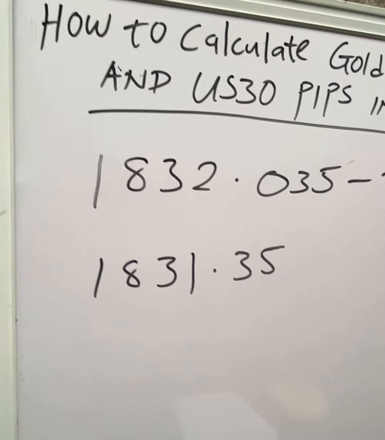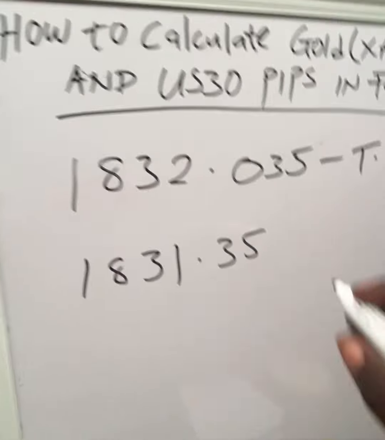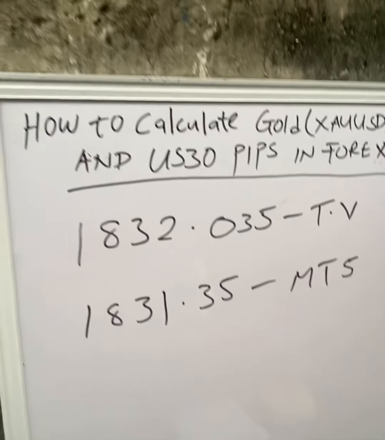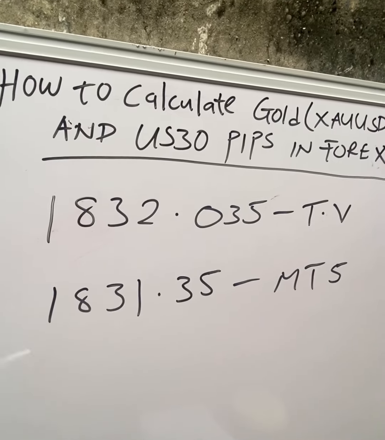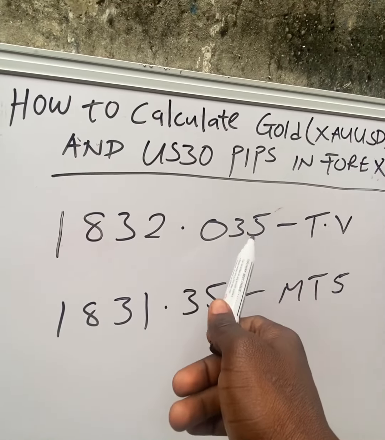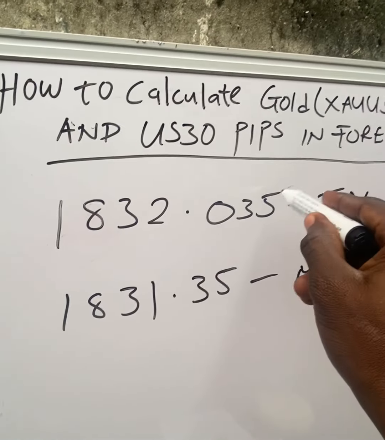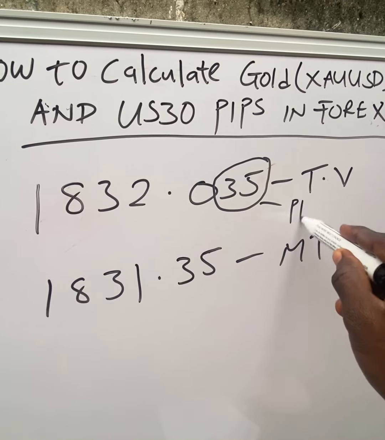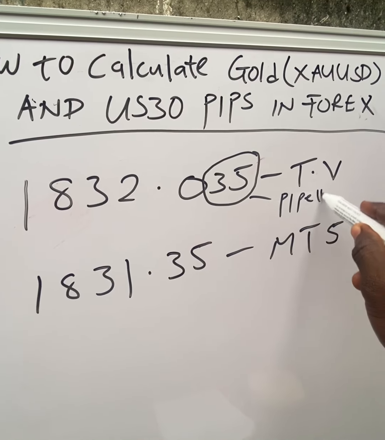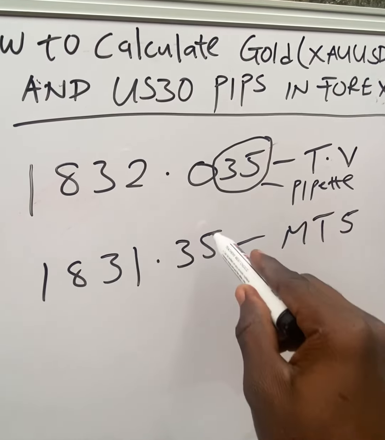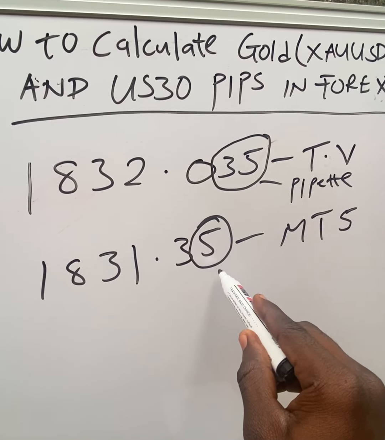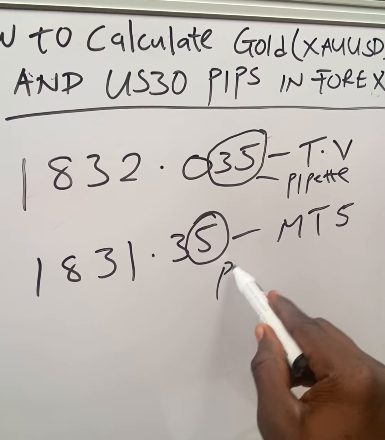This is your MT5 or MT4. In TradingView, the gold tends to have two pipettes, while in MT5 it tends to have one pipette.